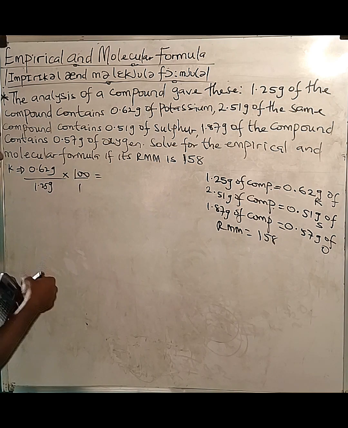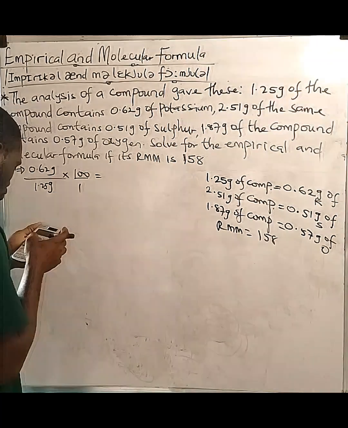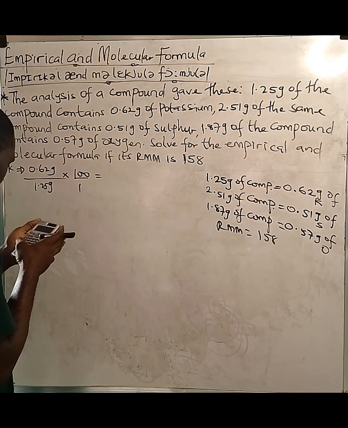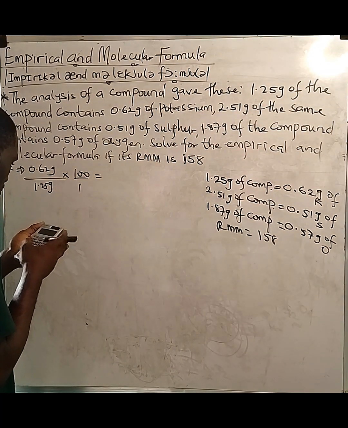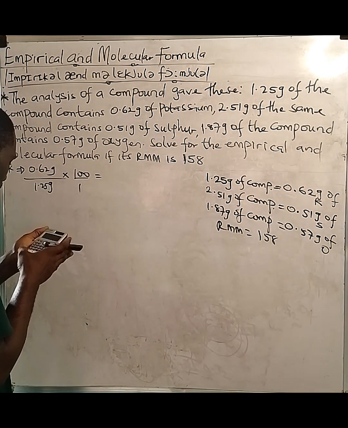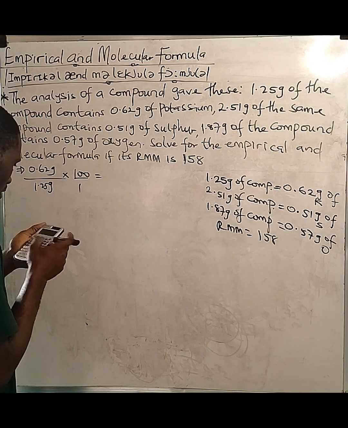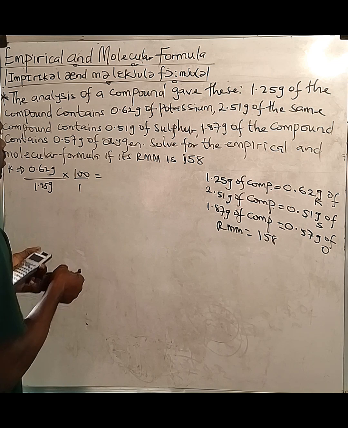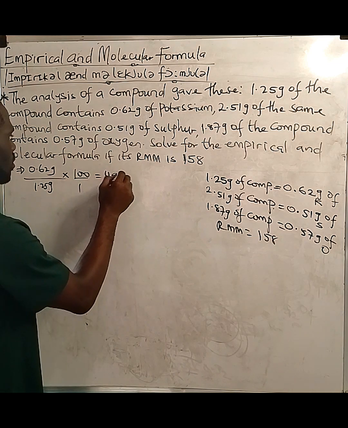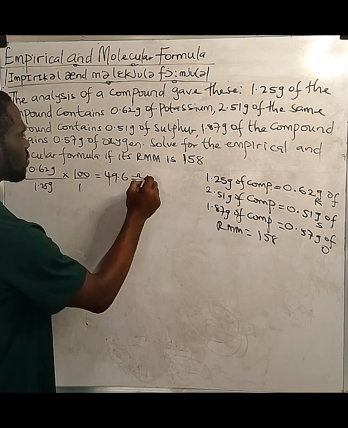Using a calculator, 0.62 times 100 divided by 1.25 will give us 49.6%, which is approximately 50%.